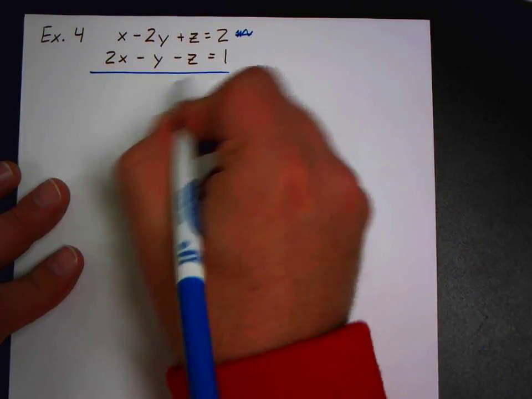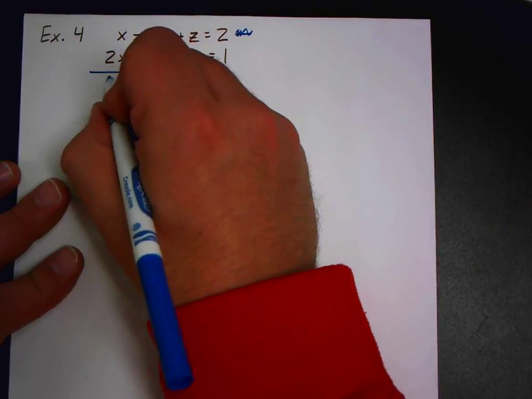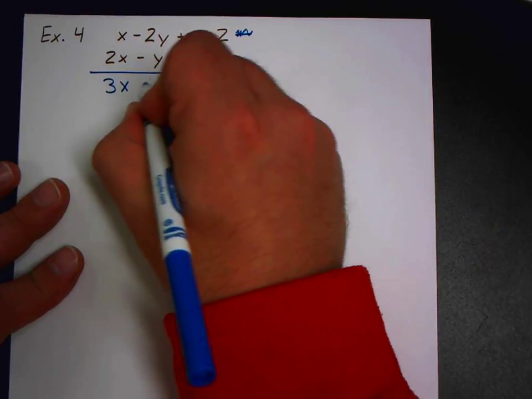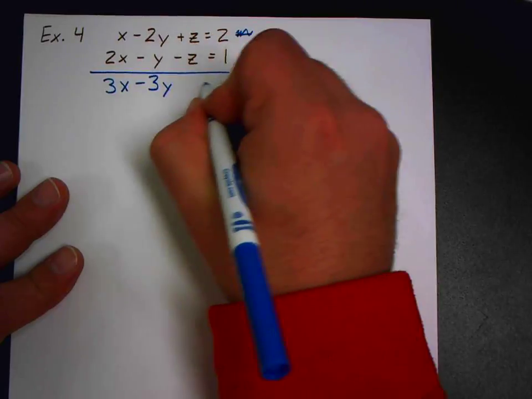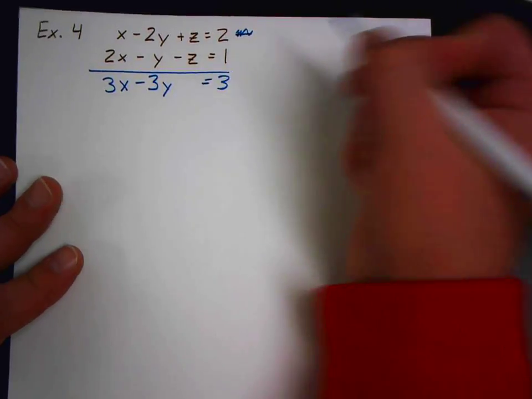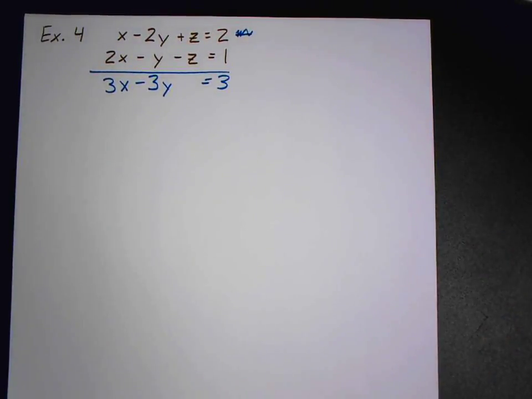So z is already ready to get rid of. All right, choose a variable to set equal to our dummy variable. X.